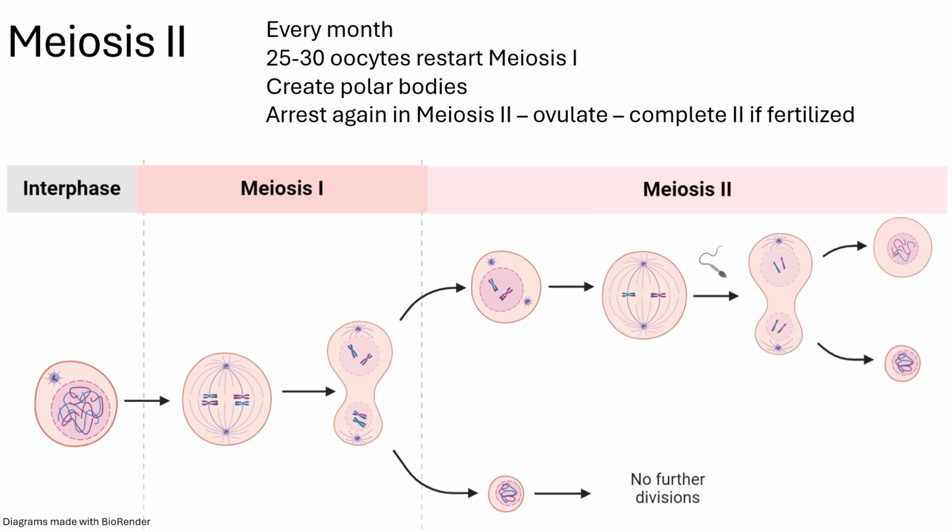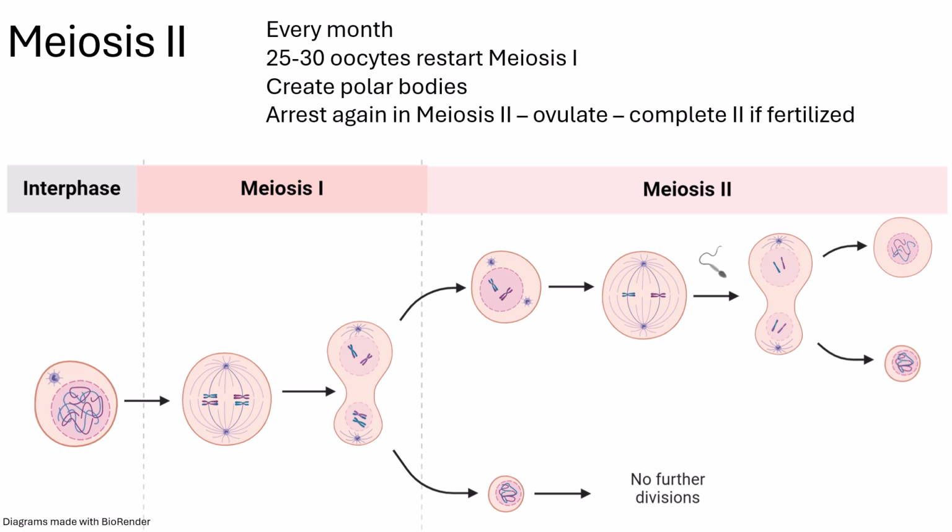So now we have 25 to 30 primary oocytes that are responding to rising levels of estrogen at this point. And they all want to be ovulated and potentially fertilized. As a side note, they are all contained in tertiary or Graafian follicles at this time. All of these start to enter into that second round of cell division in meiosis 2. This round of cell division might or might not create a second polar body, but it definitely creates a secondary oocyte.